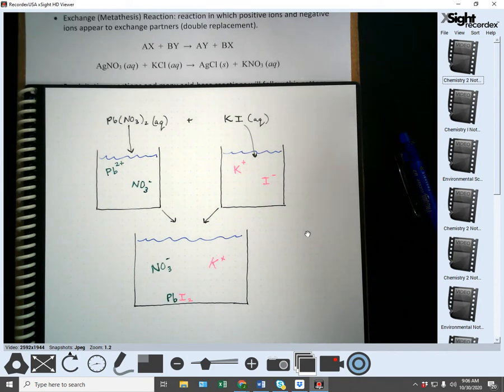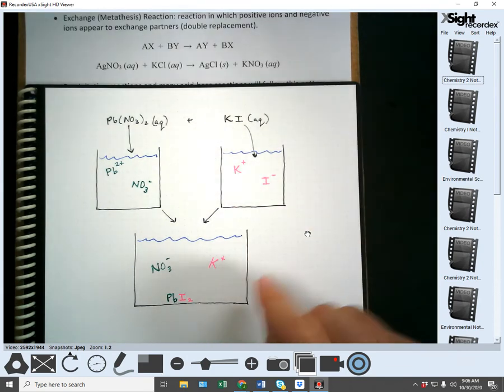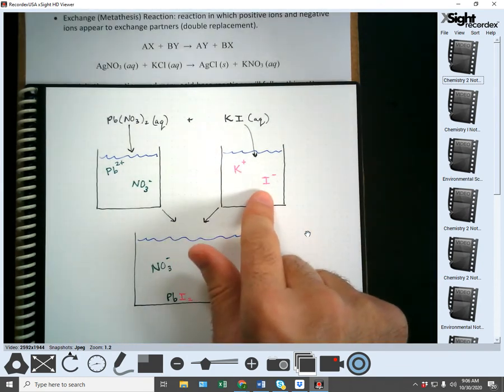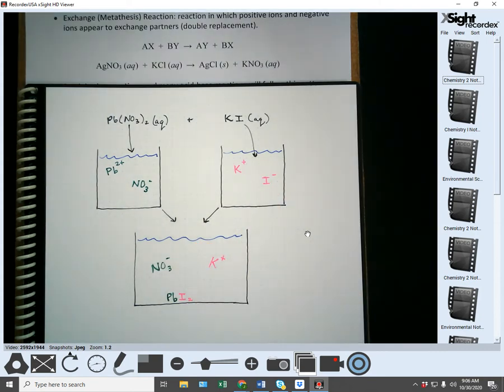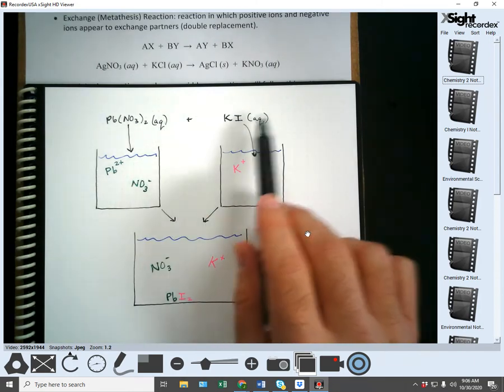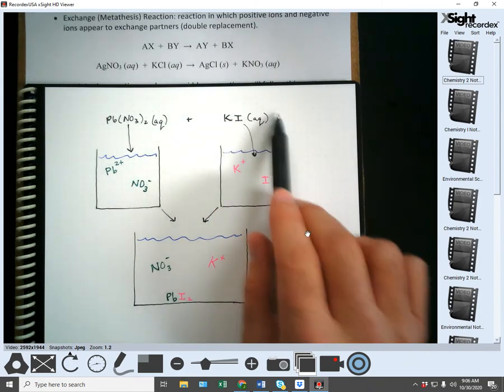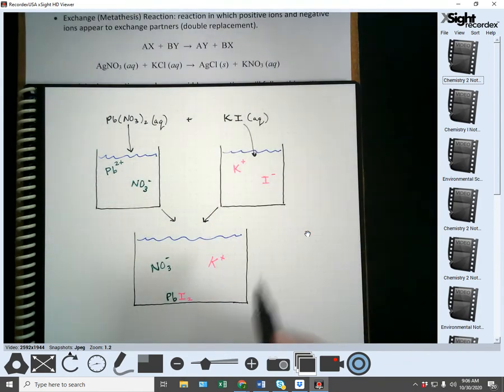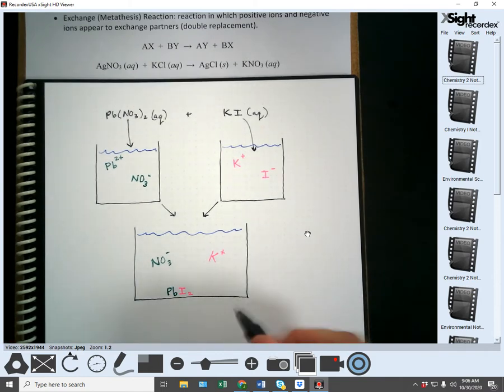All right. So these are the reactants, right? We've got aqueous Pb(NO3)2. We've got aqueous KI. These are our products.